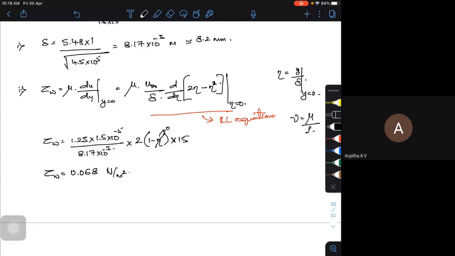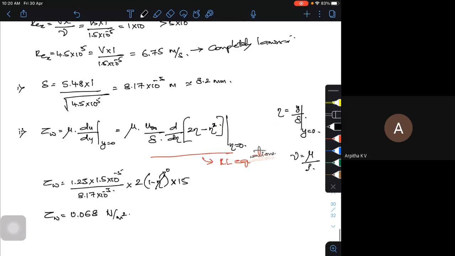For pure turbulent, can we take the same value which we got before? No, that is only for laminar. Delta will change for a pure turbulent flow. The Reynolds number we got, 1 into 10 to the power of 6, we can take. I'm just looking at the delta formula.